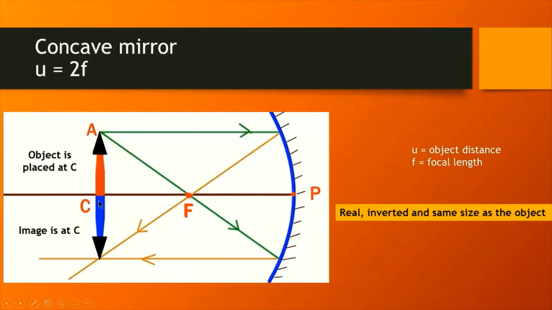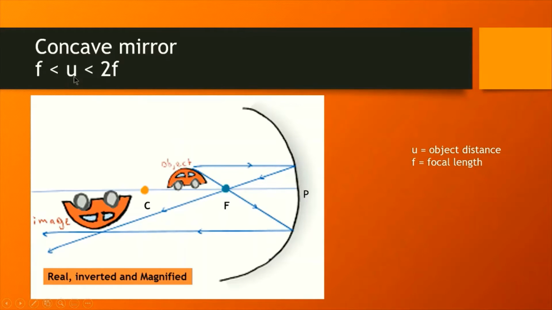This time the image is formed at C. The image is real and also inverted, and this time it is the same size as the object. So this is when u is equal to 2f.